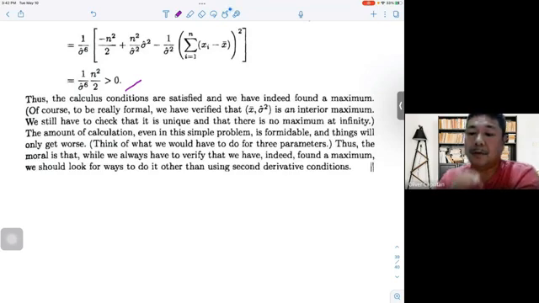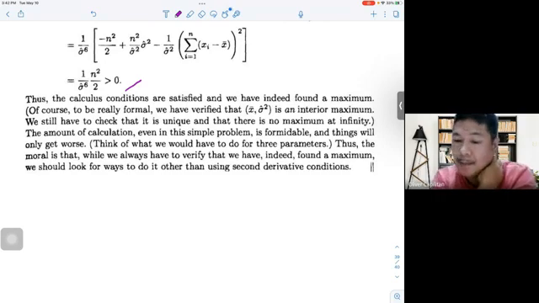So kung meron tayong mga endpoints sa ating parameter values, evaluate it on the boundary points. If the value at those boundary points is lesser compared to the value at the critical point or the estimate of our parameter, then we conclude that we obtain the global maximum. Pwede din natin i-apply sa multidimensional parameters.